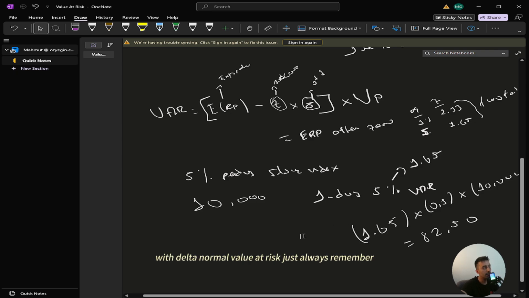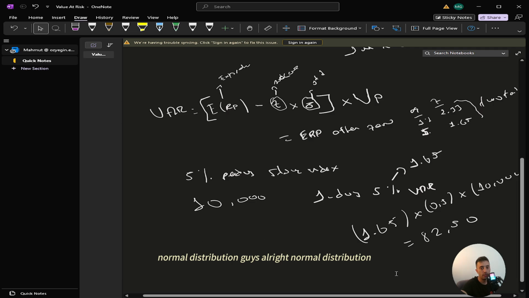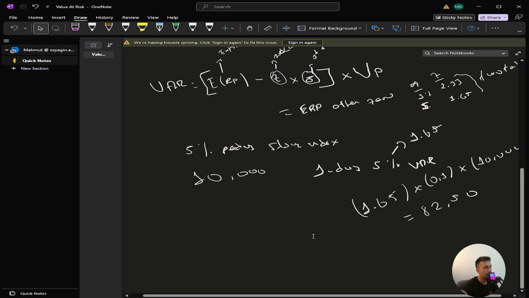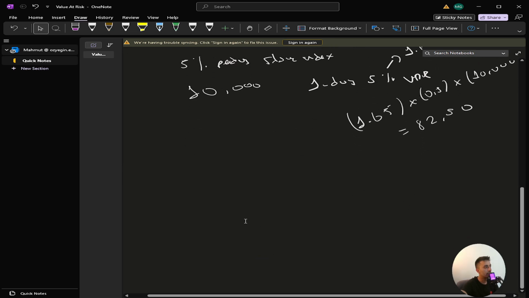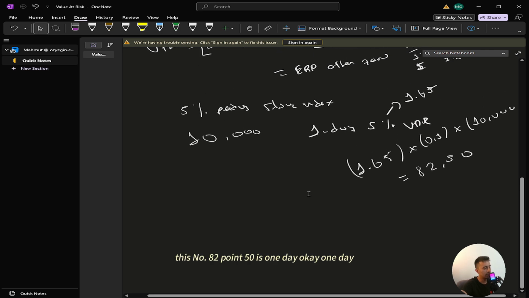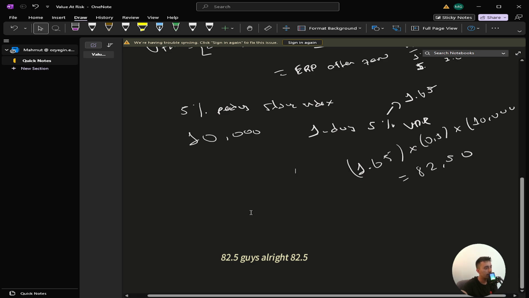Just always remember, mean is 0 and it depends on the normal distribution, guys. All right, normal distribution. Always remember only here. And by the way, this number 82.50 is the one day 5% value at risk, guys.